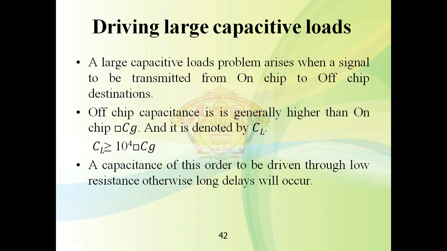A large capacitive load problem arises when a signal is to be transmitted from on-chip to an off-chip destination. Off-chip capacitance is generally higher than on-chip capacitance, and it is denoted by CL, the large capacitance.